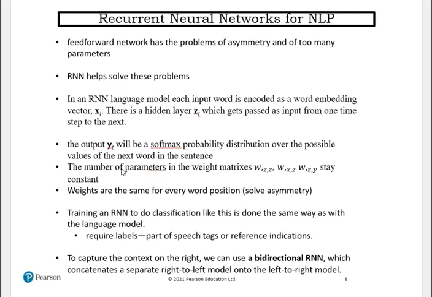So, as you can see, just extending the number of words in an n-gram model is not going to be realistic. So that's where recurrent neural networks help in this case.